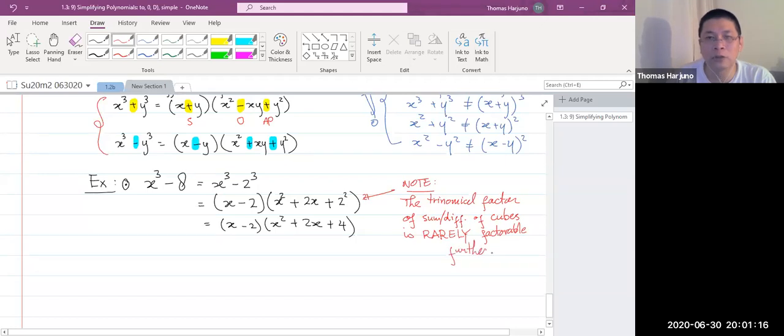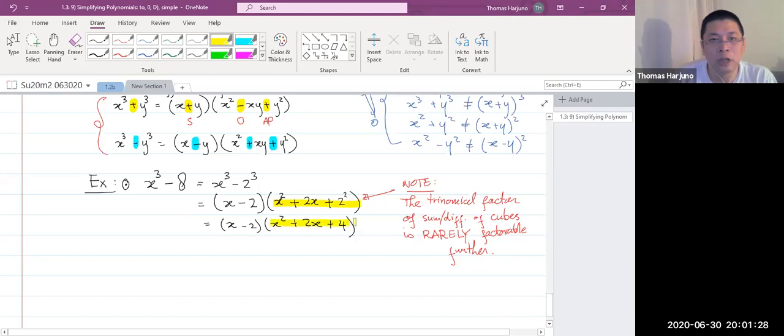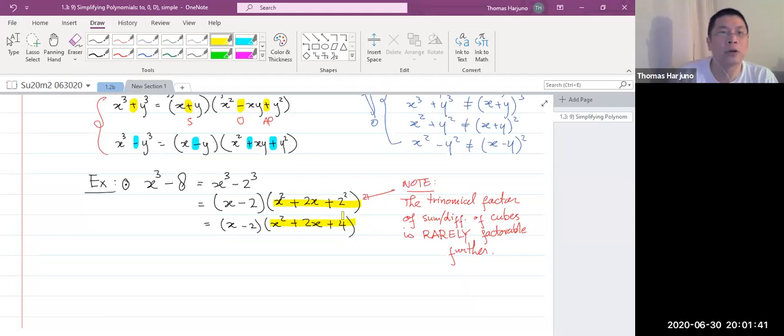And even if it is doable, it must be so hard to do. Basically, it's not at your level anymore. So you see that this is a trinomial, right? Then you may wonder, can I factor it further? It's very, very rare that you can factor that even further. And if it is factorable further, it must be so hard to do.